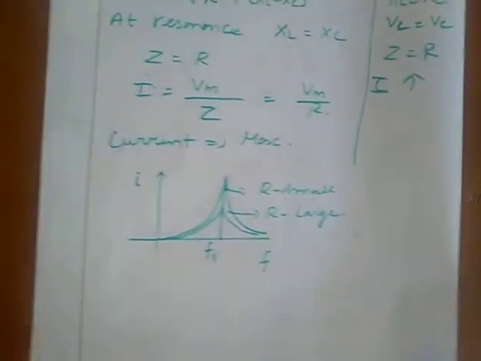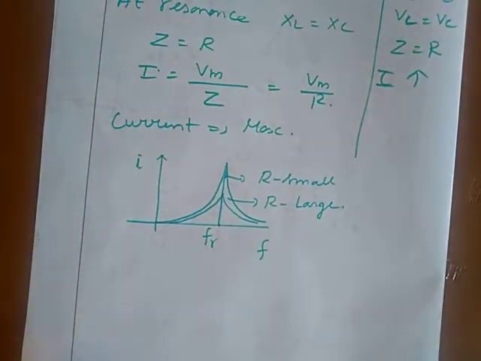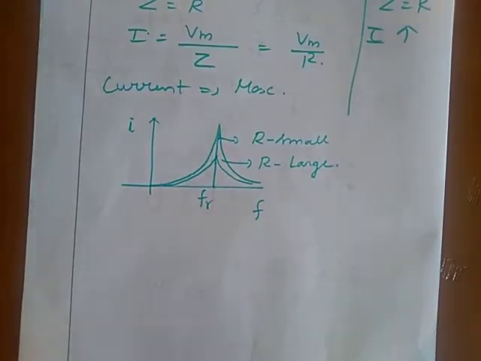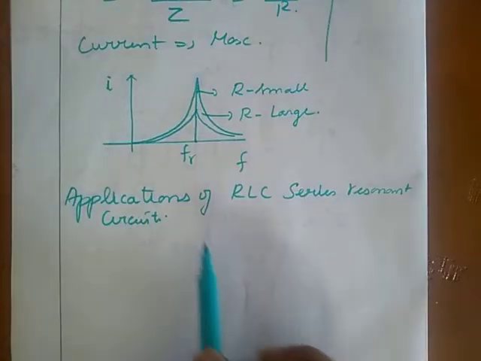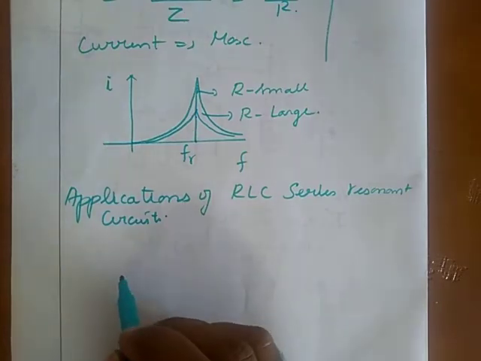Here are some advantages of the RLC circuit also. Let me see where we apply this RLC circuit. The important application of the RLC series resonance circuit is the tuning circuit.